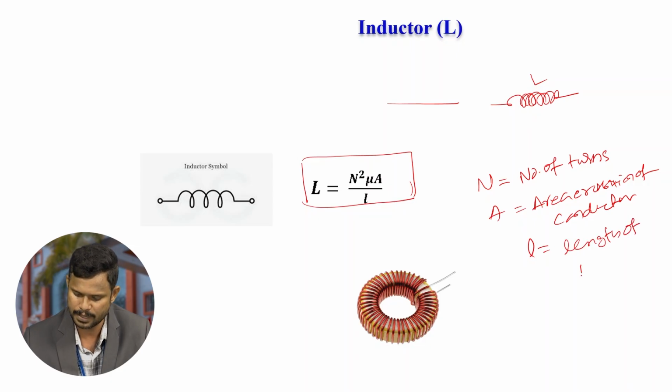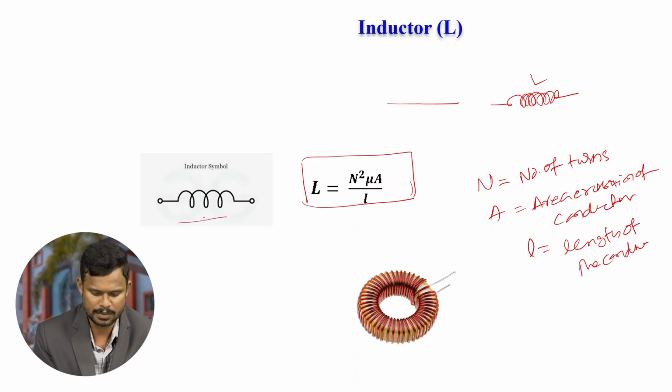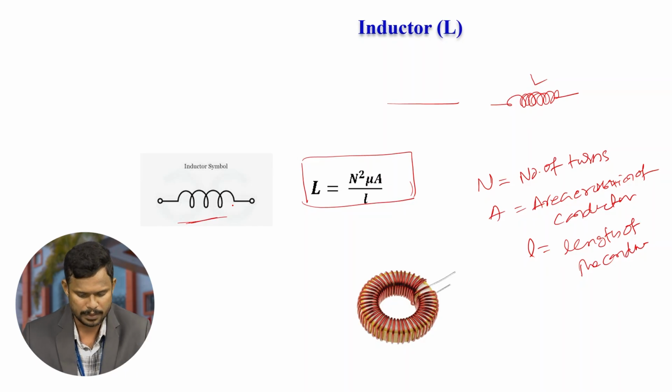This is the symbol for the inductor. Examples of inductors are transformer windings and motor windings, which are the best examples of a coil inductor.